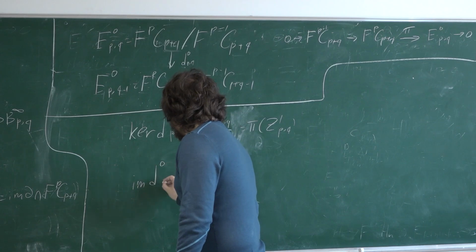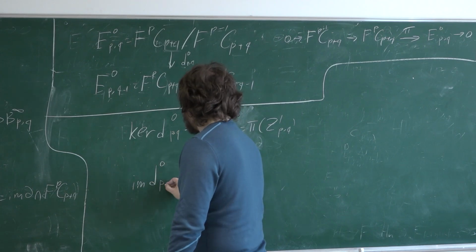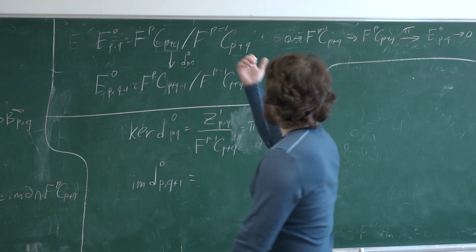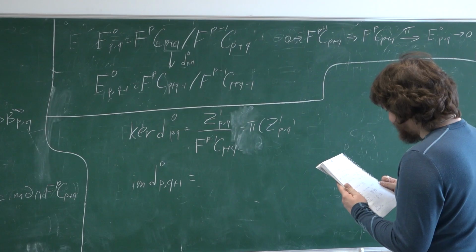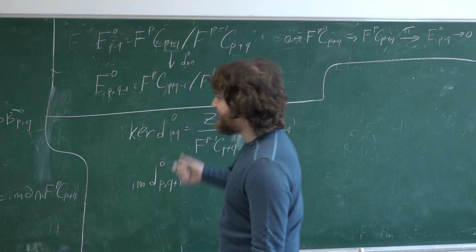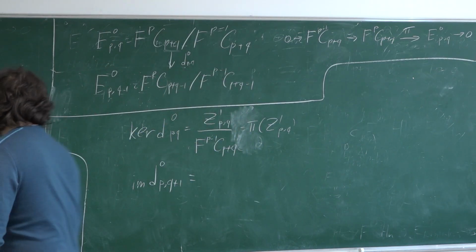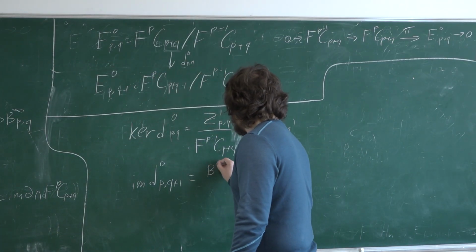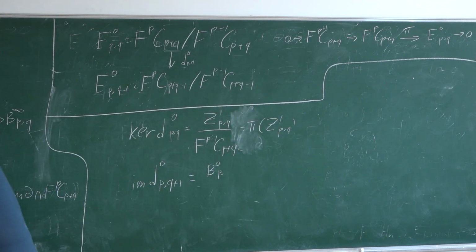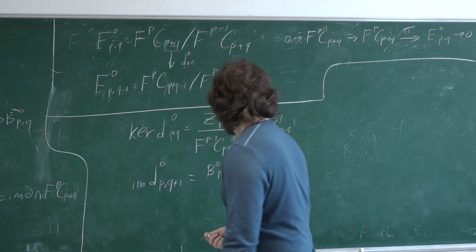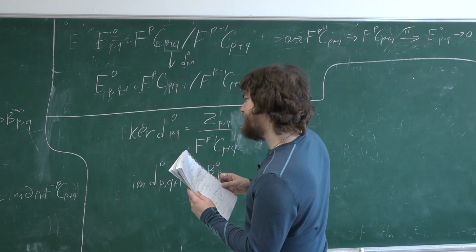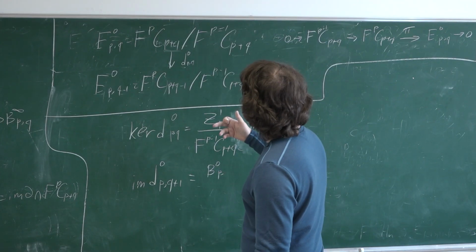The image of the previous differential, in degree P+Q+1. It's the differential of Fp itself. It's B0. It's B0, also modulo.